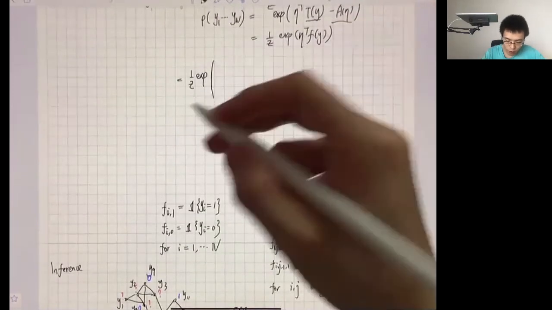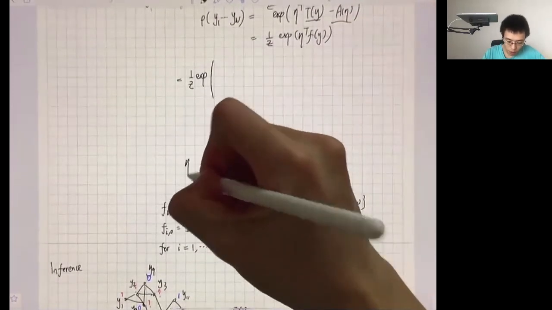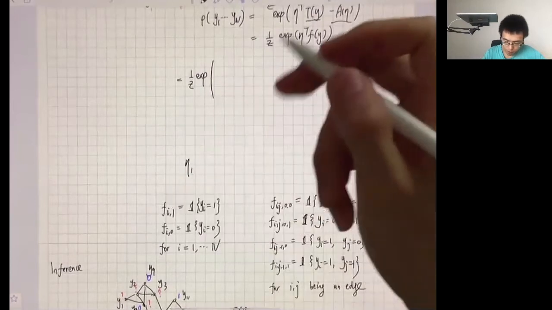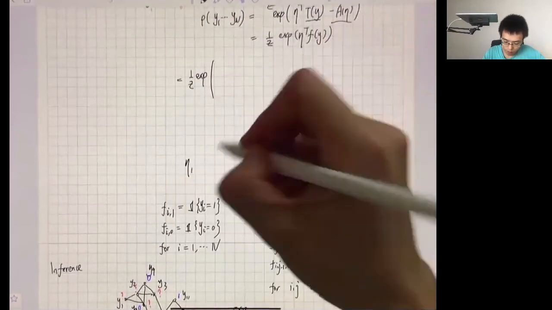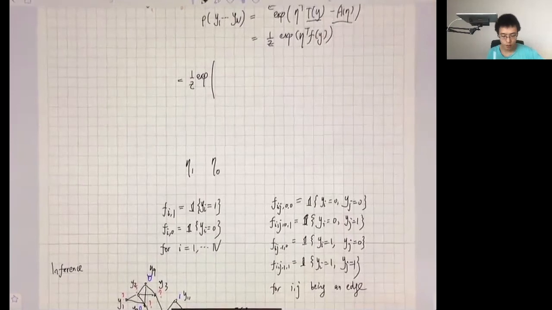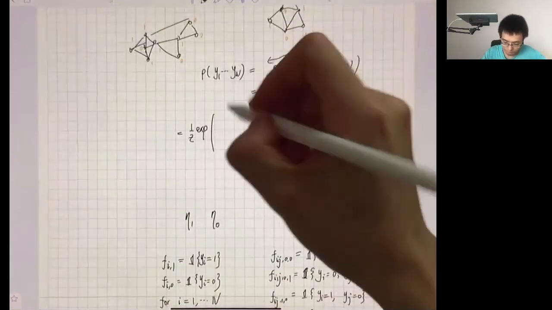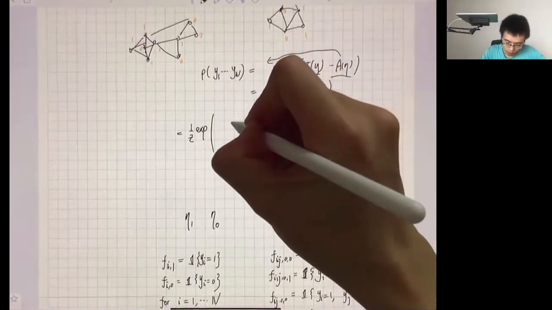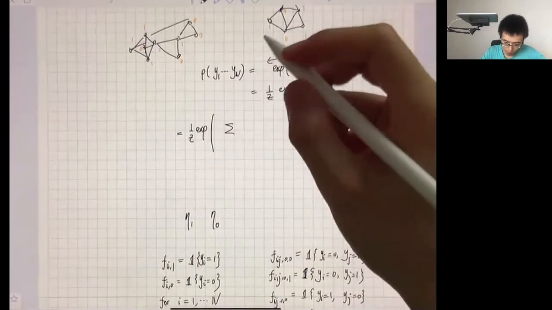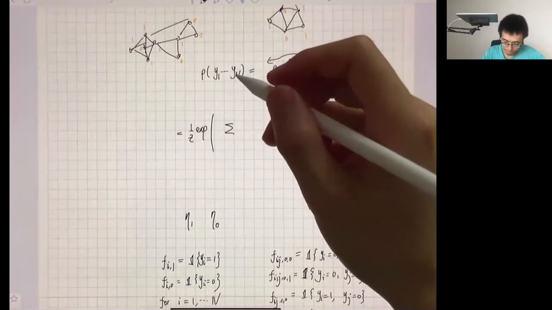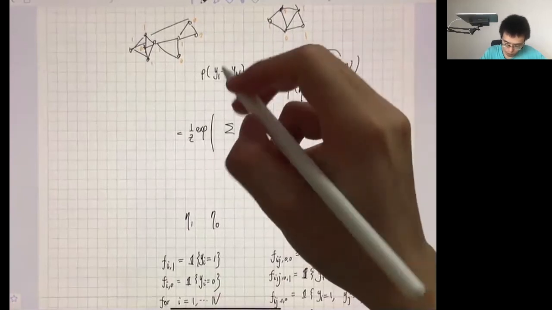So I have the singleton features, which are θ1 and θ0.